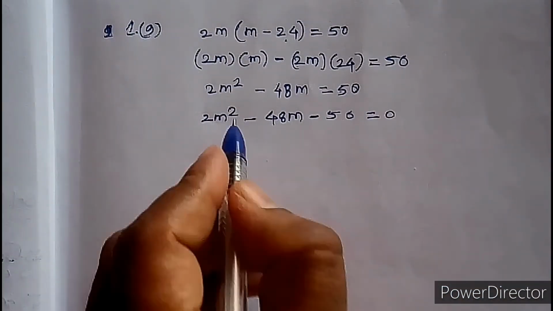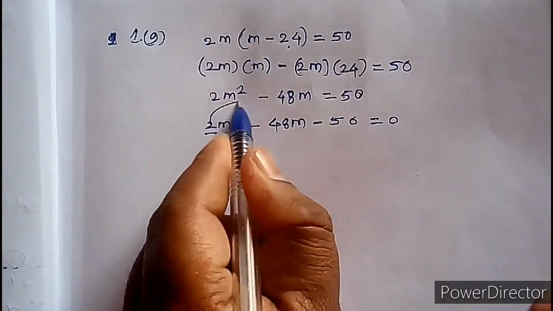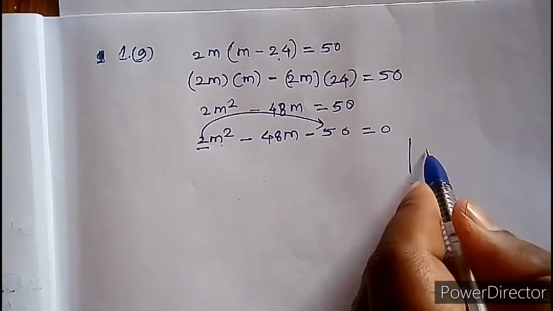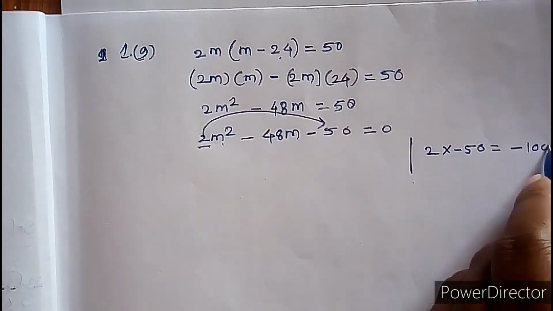Now here the coefficient of m square is 2, therefore we have to multiply this 2 with minus 50. Here we get 2 into minus 50 equals minus 100.